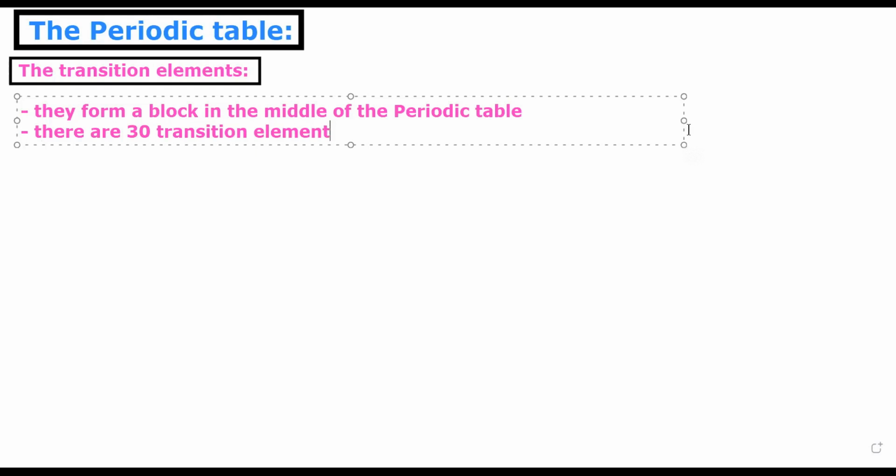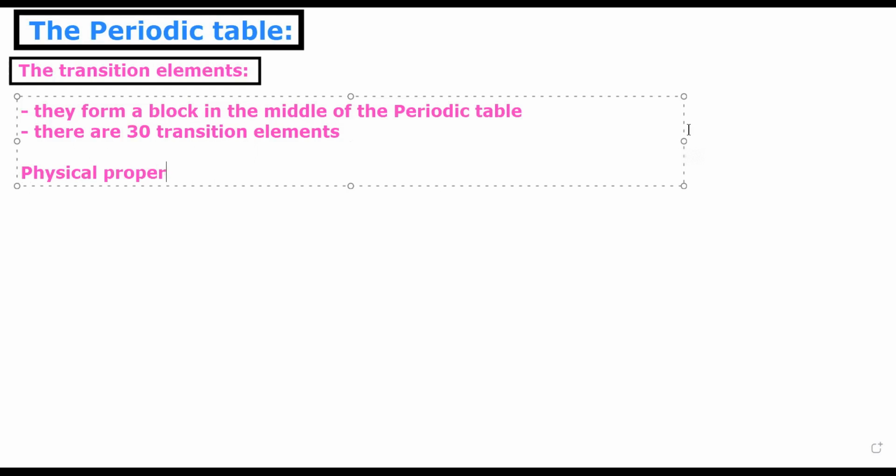When we are talking about their properties, mainly their comparison, it comes along with group 1 elements. We already know that group 1 metals are highly reactive metals, right? So here we will be talking about the physical properties.